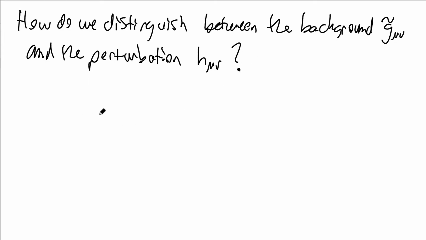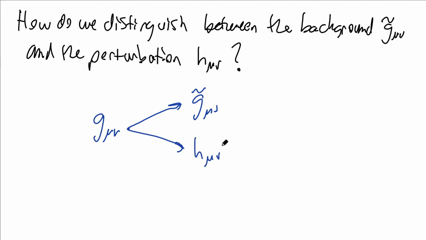After all, there's just one metric, g mu nu, and we've somehow split it into two pieces, a large piece which we call the background, g tilde, and a small piece which we call the perturbation, h mu nu. But we could always take part of the perturbation h, take it away, and put it into the background g tilde. Or the other way around, we could take a small amount of the background away from g tilde and place it into h. So how do we define this separation?